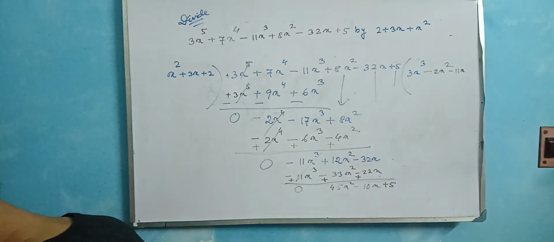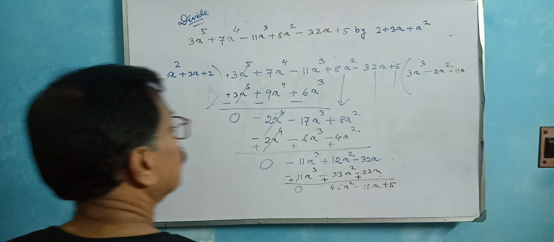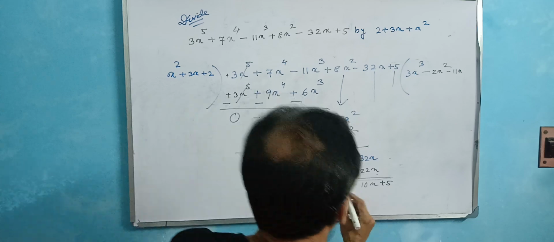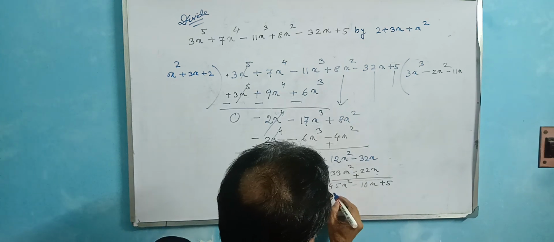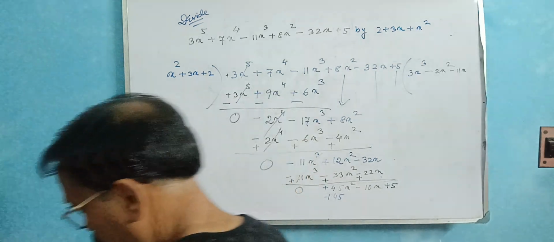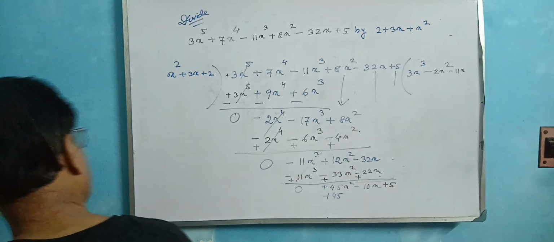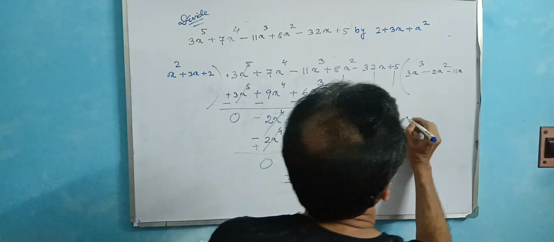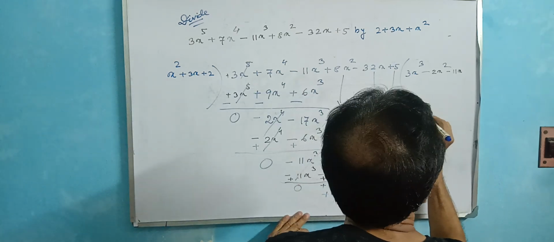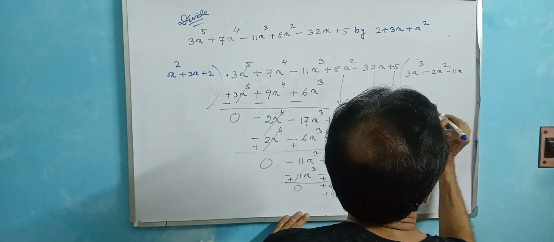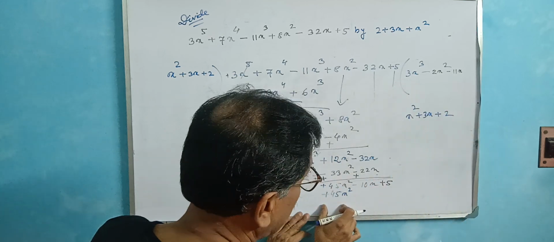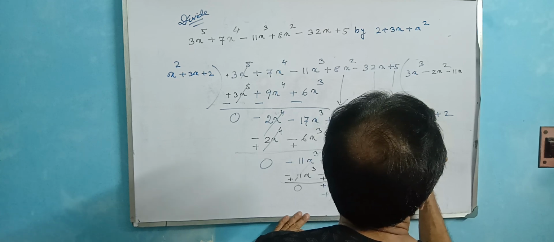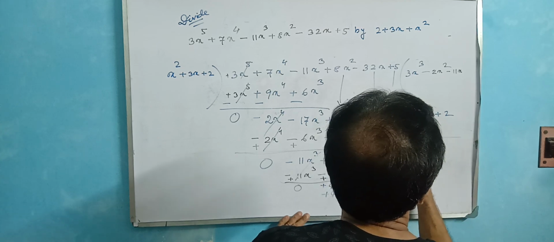So what is the target now? This is plus 45x square. So you write here plus 45x square as your target. So here is x square plus 3x plus 2. What is your target? To multiply to get plus 45x square. x square is already there, so you multiply with plus 45.